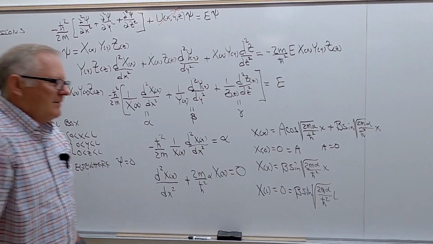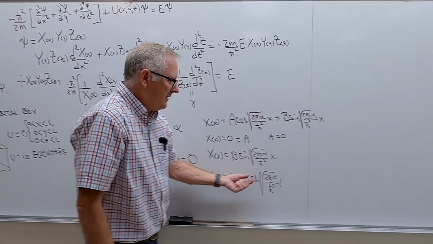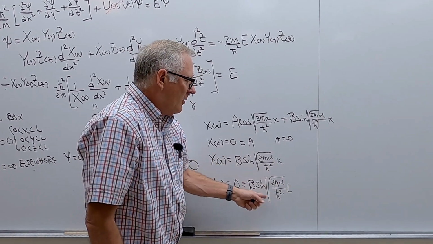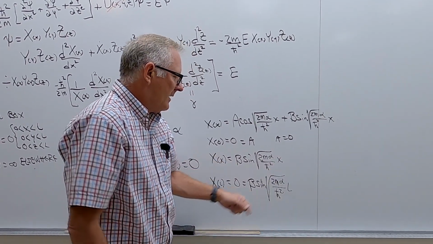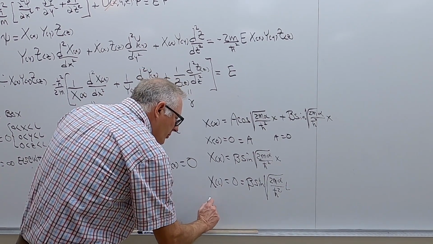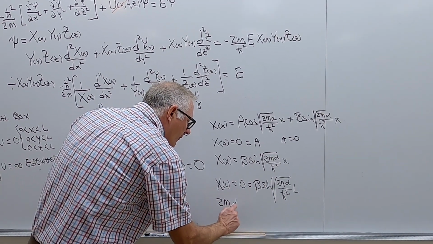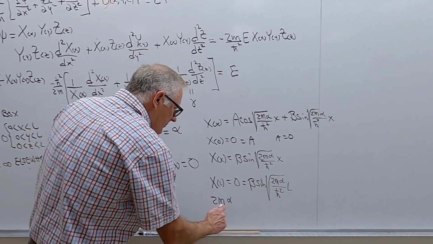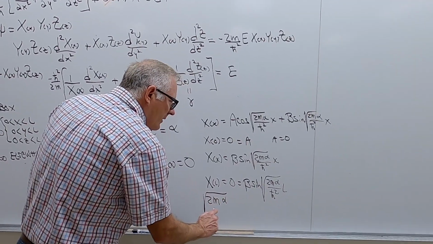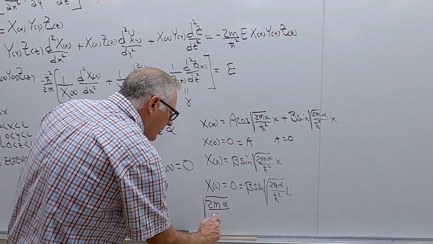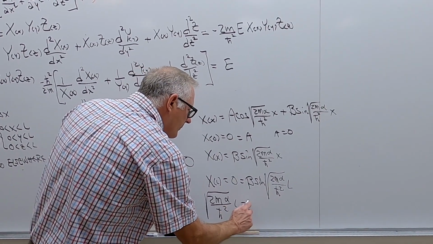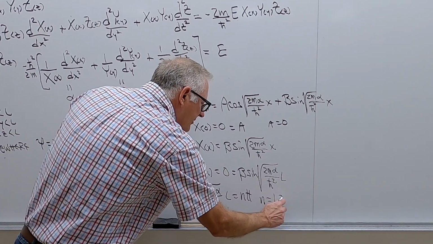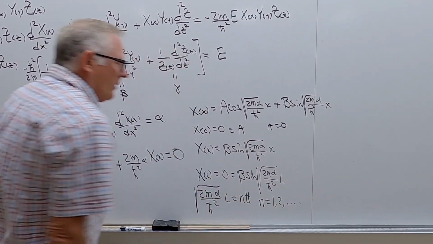Well, remember we said B couldn't be 0. So the only way you could make this 0 is if this was n pi. So that means the square root of 2m alpha over h bar squared L is equal to n pi, where we said n was 1, 2, 3, 4, and so on.